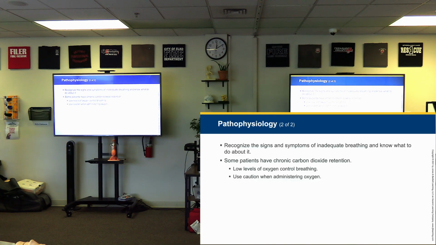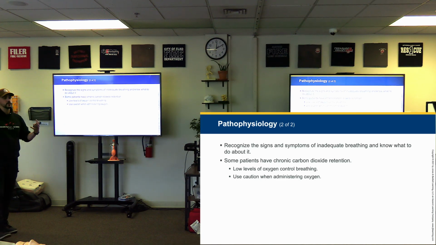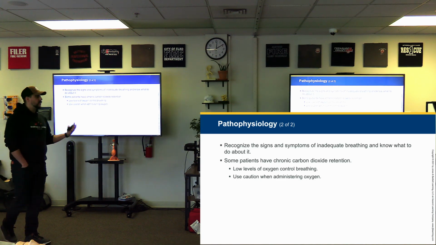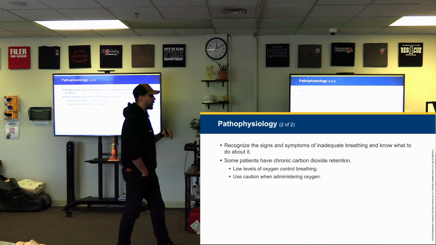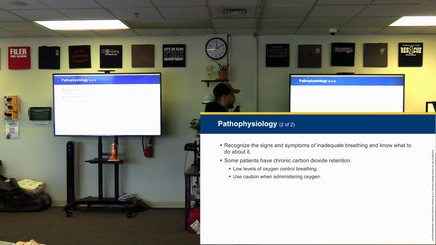They end up having issues with CO2 retention. They air trap, and because of this, they're unable to exchange that oxygen, and I'll explain more as we get closer. This is a demographic, however, that we have to be very, very careful about how much oxygen we are administering, because too much oxygen for these people can actually become problematic.